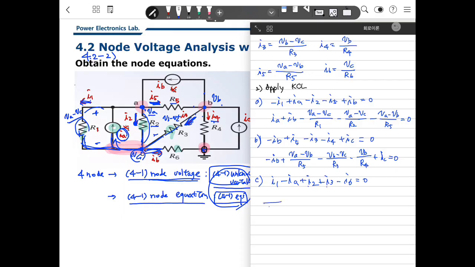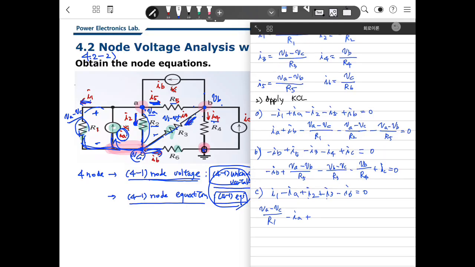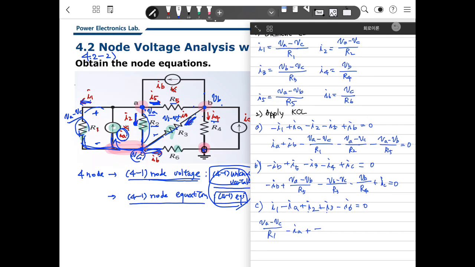So I1 is (VA minus VC) over R1, minus IA, plus I2 is (VA minus VC) over R2, and I3 is (VB minus VC) over R3, minus I6, which is VC over R6, equals 0.